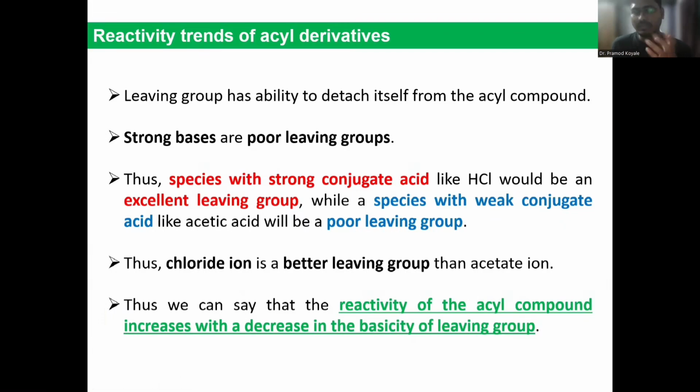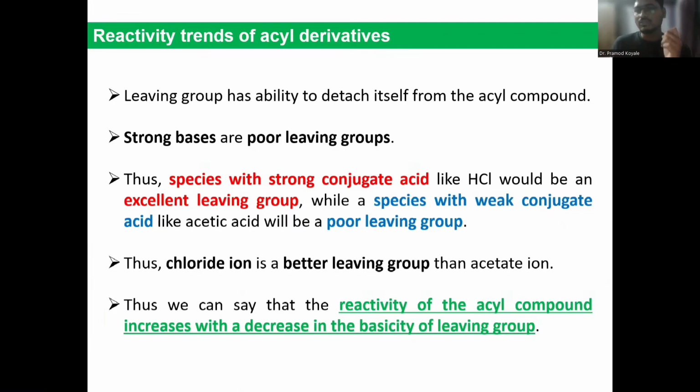So these are conjugate pairs. HCl is the stronger acid, so its conjugate base is weaker, while acetic acid is a weaker acid, so its conjugate base is stronger. So we can say that chloride, having less basicity, is a better leaving group as compared to acetate in concern with basicity. So chloride has less basicity, that's why it is a good leaving group.